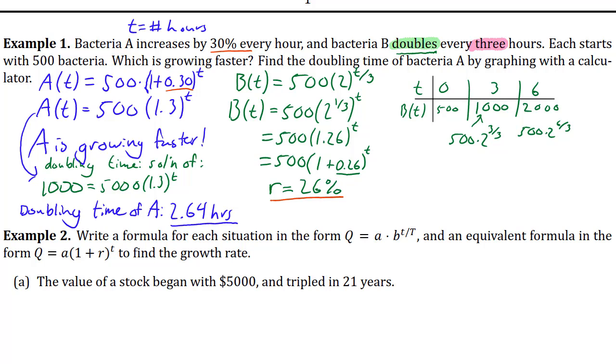So we want to write a formula in this form and an equivalent formula in this form to find the growth rate. Remember, the growth rate here is always going to be whatever R is. So for A, we have that the value of a stock begins with $5,000 and triples in 21 years. So the initial value, that's always going to be the A, that's 5,000.